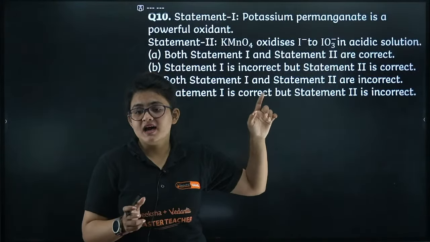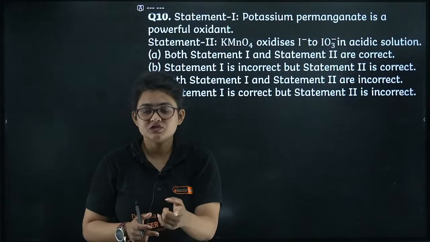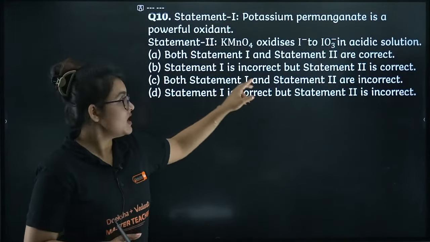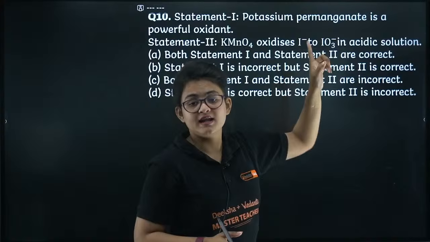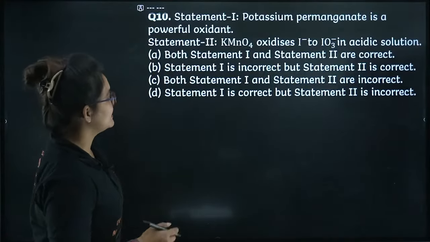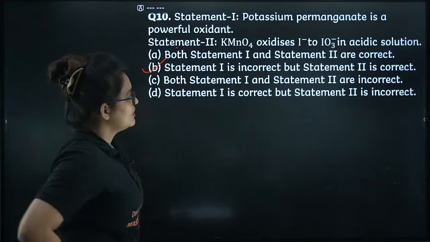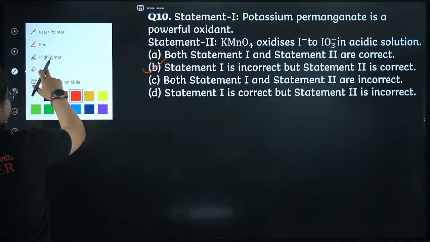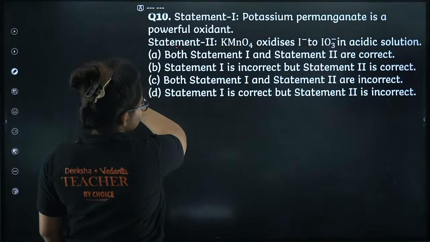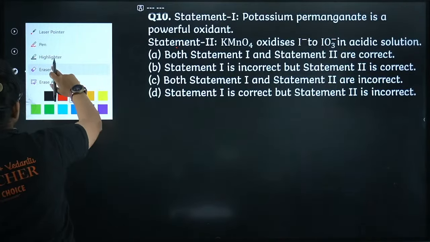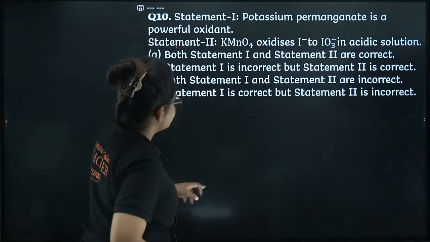But in acidic media, I- will be oxidized to I2, not to IO3-. This conversion takes place in alkaline media. So statement 1 is true, statement 2 is incorrect. Statement 1 is correct, statement 2 is not correct. So option D. I guess it's okay.